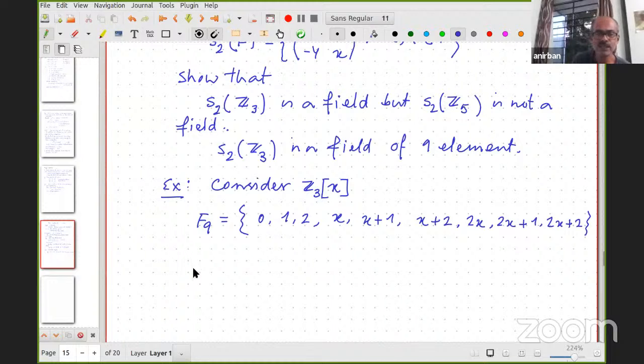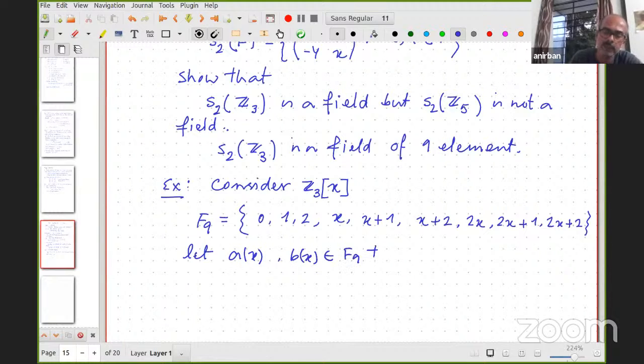So addition is just directly addition of polynomials. Multiplication we would define. So let ax and bx be two elements from this set F9.